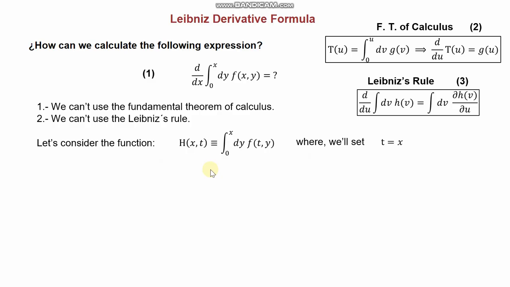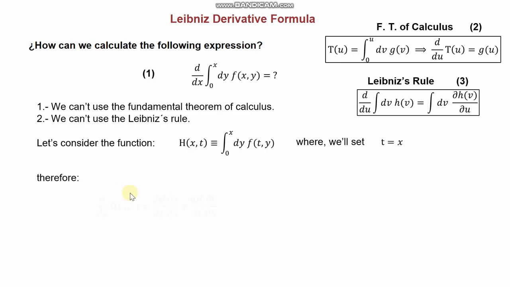The key point is that if we differentiate h with respect to x and then evaluate it at t equals x, we recover the expression 1 on the right hand side. Therefore, now we only need to differentiate h with respect to x and then set t equals x.